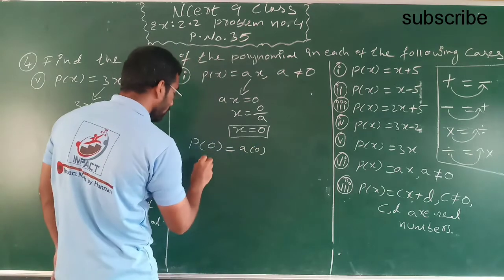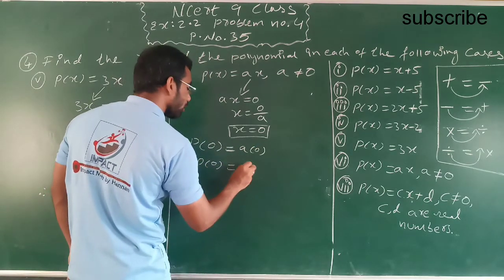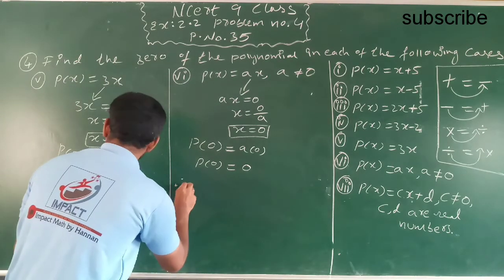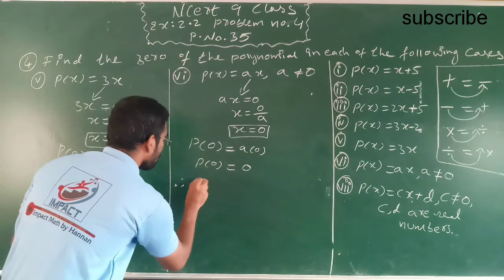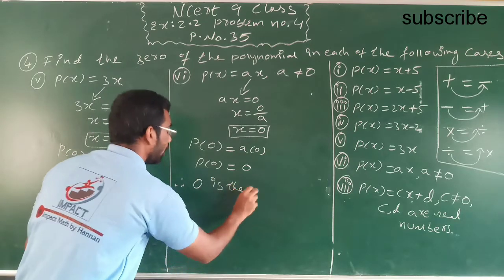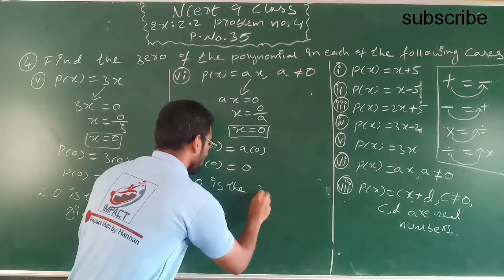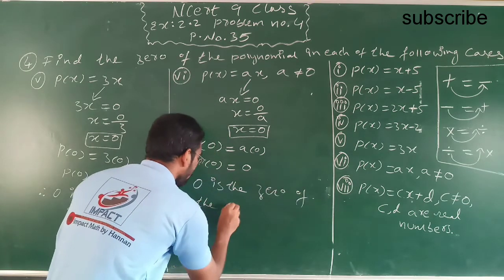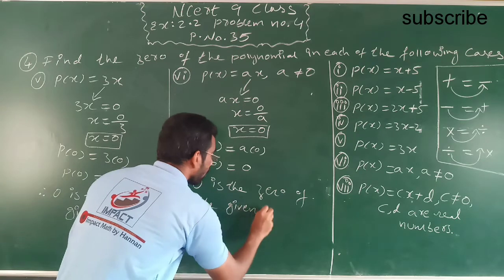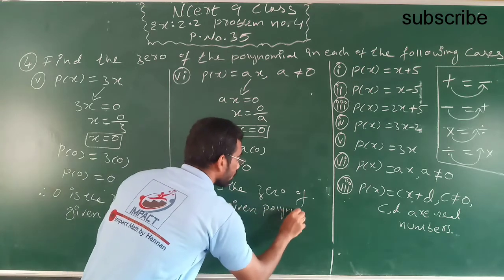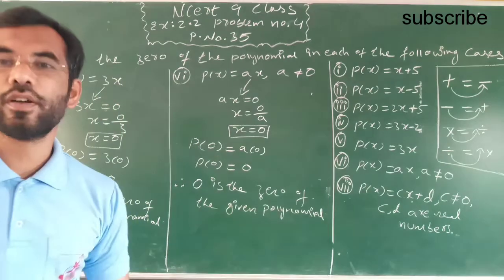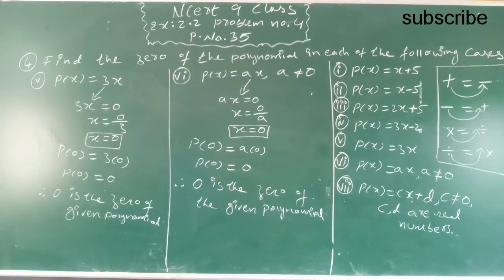Therefore, P of 0 is equal to 0. Therefore, 0 is the zero of the given polynomial.